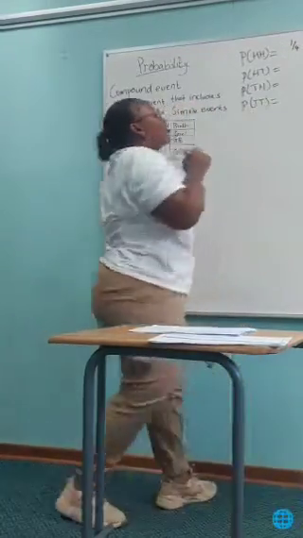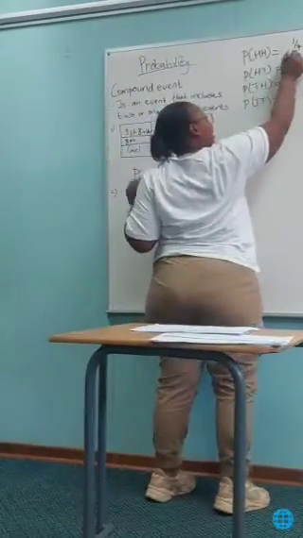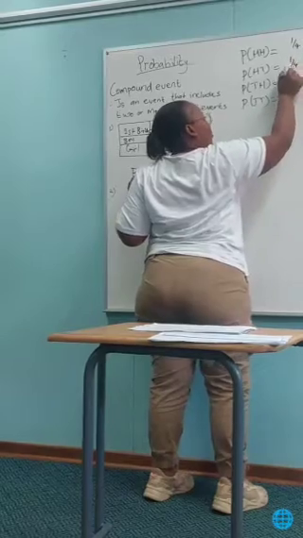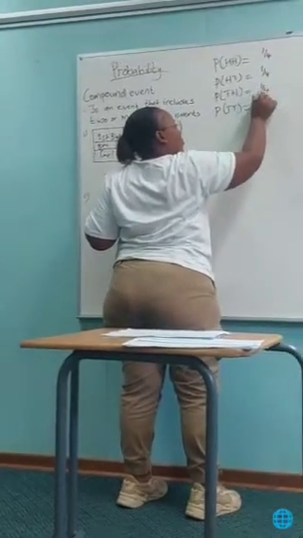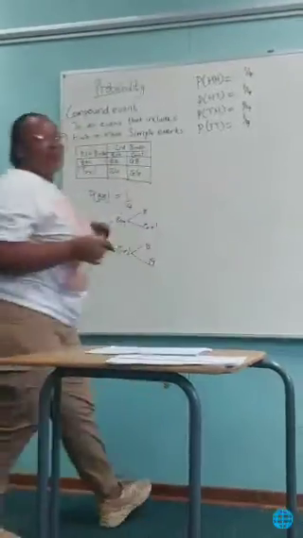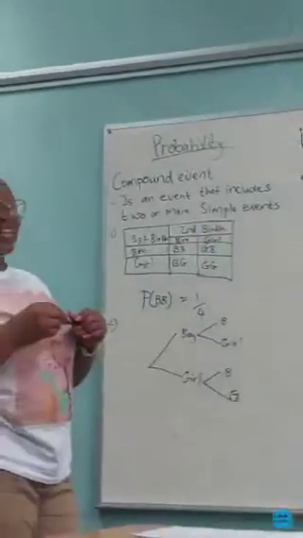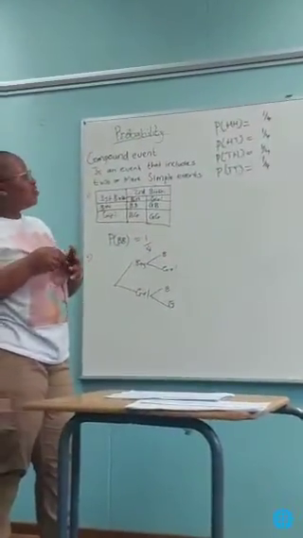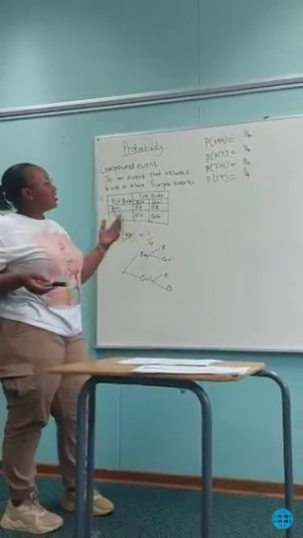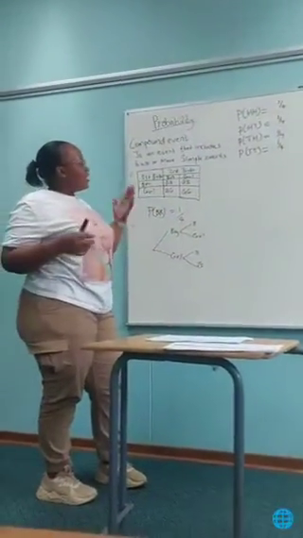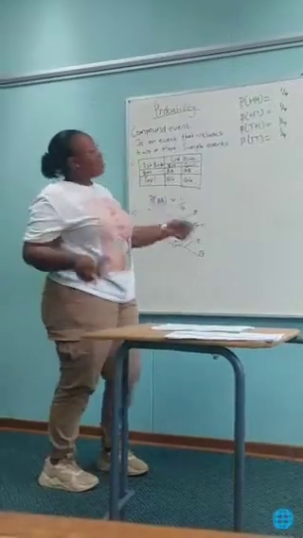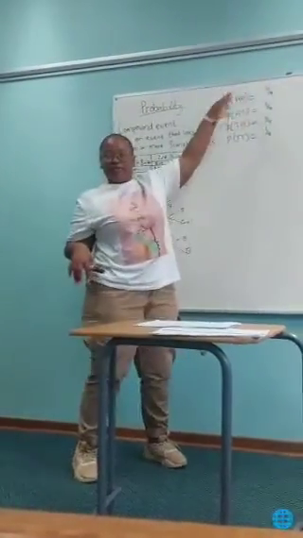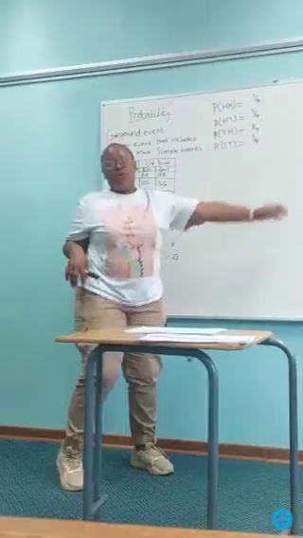Even here is 1 over 4. So the chances of getting each of these combinations when tossing 2 coins is 1 over 4.